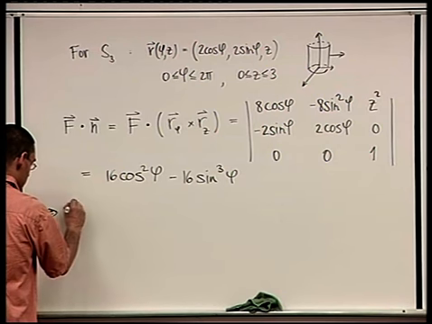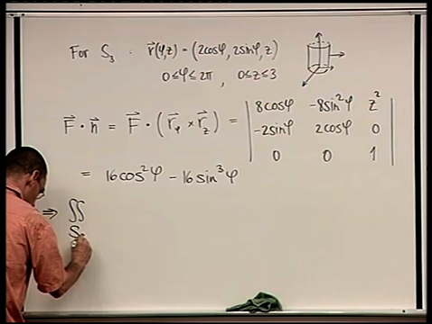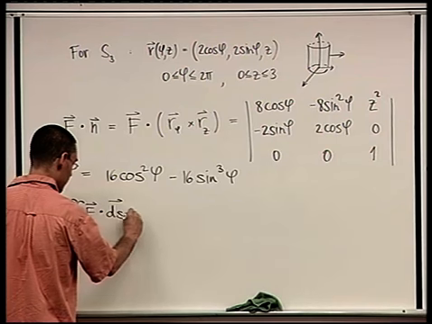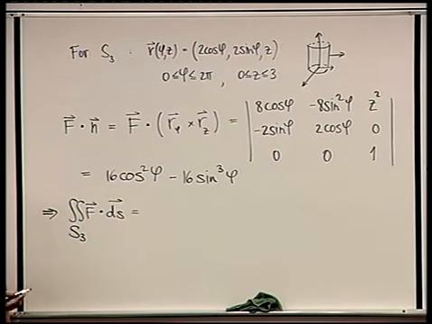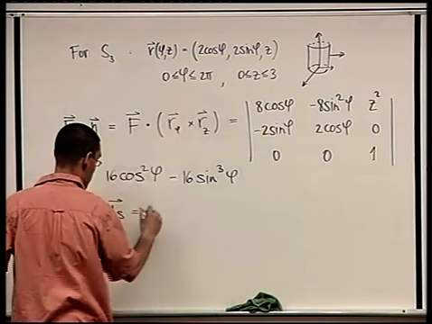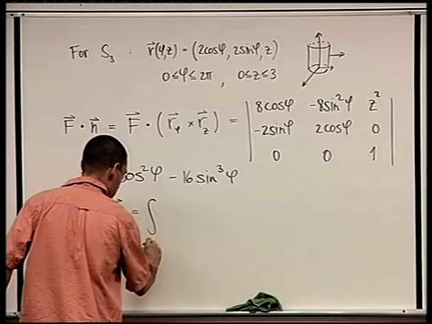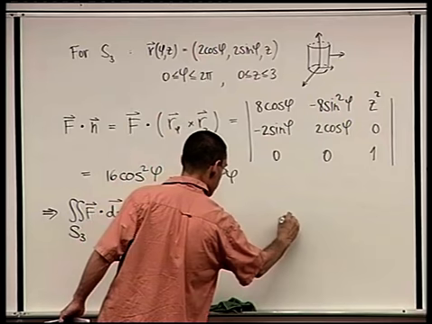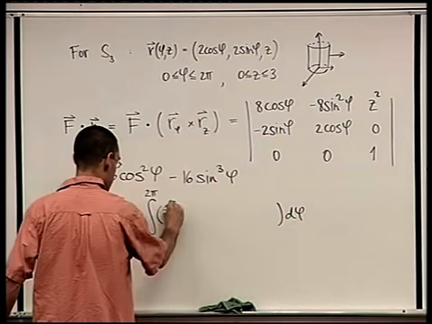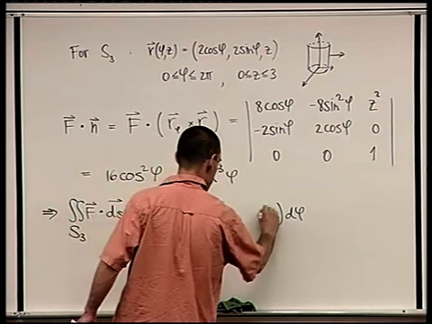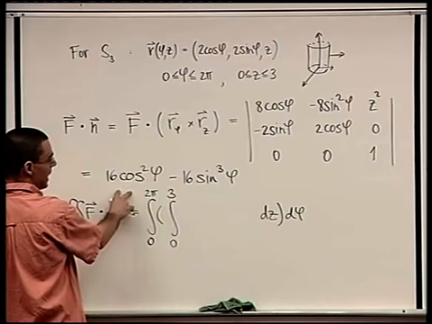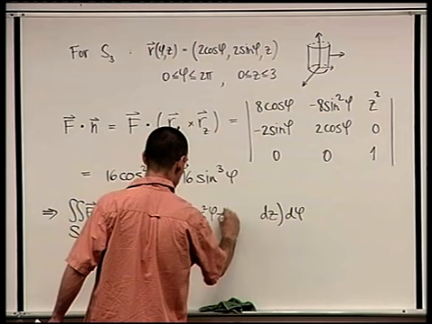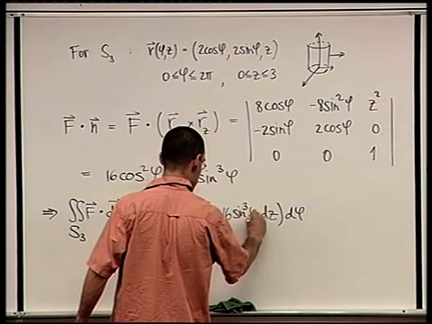Therefore, the integral over the cylinder S3 of f dot dS equals the double integral over the domain of the parameters, and I'm right away going to write it as iterated, from 0 to 2 pi d phi of the integral from 0 to 3 dz of f dot n, which is this, 16 cosine squared of phi minus 16 sine cubed of phi.